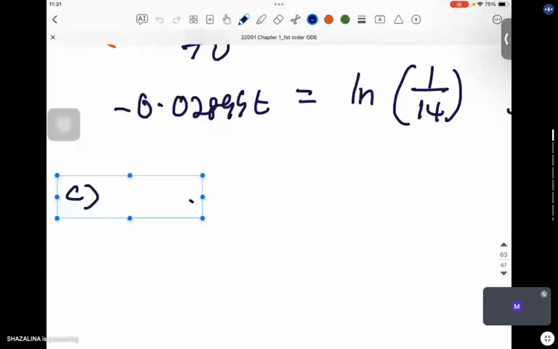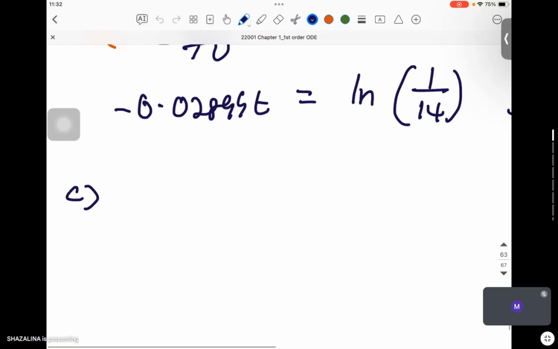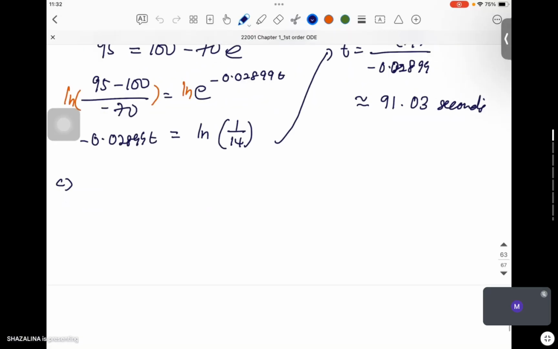Capital T, hundred minus 70 exponent negative 0.02899 times 45. So calculate saja.